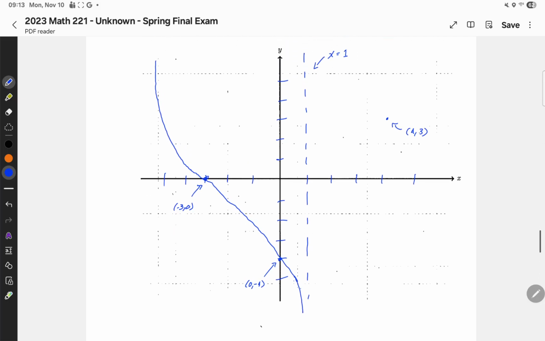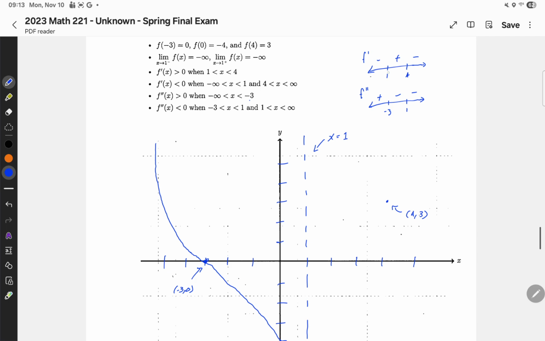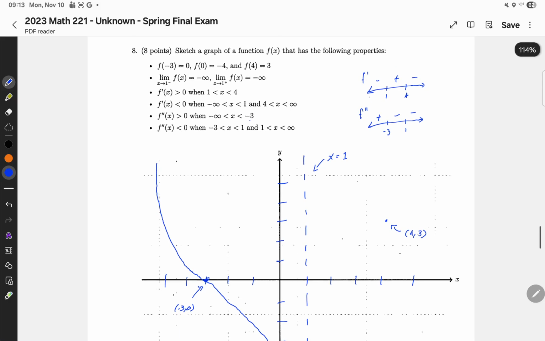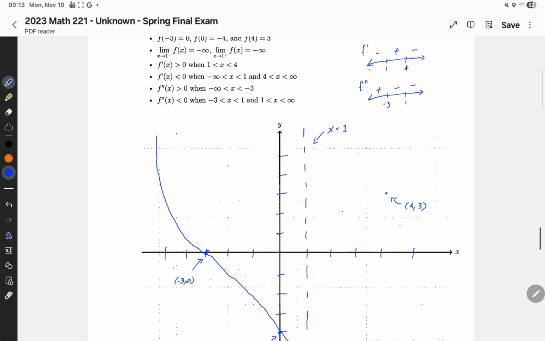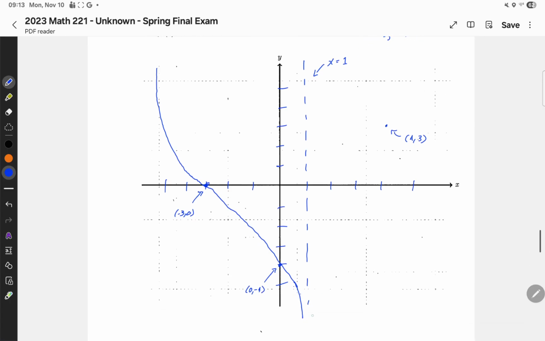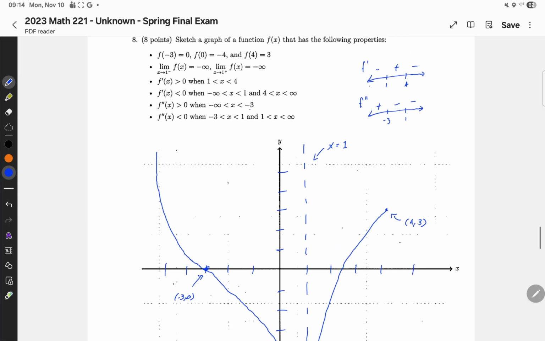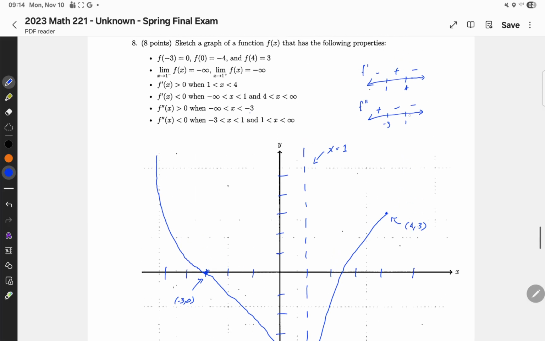And then when we come out of this portion, our derivative is going to be positive up until 4, it looks like, and then it's going to start decreasing after 4, and we're going to stay concave down the whole time. So we're going to go up, just like this. To hit this, we are concave down that whole time. We're going to stay concave down, but then our derivative is going to flip.